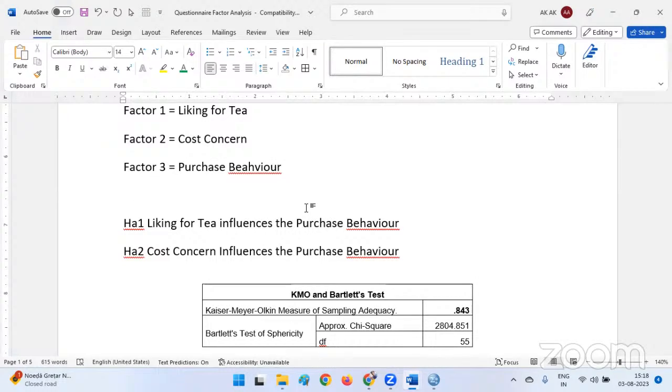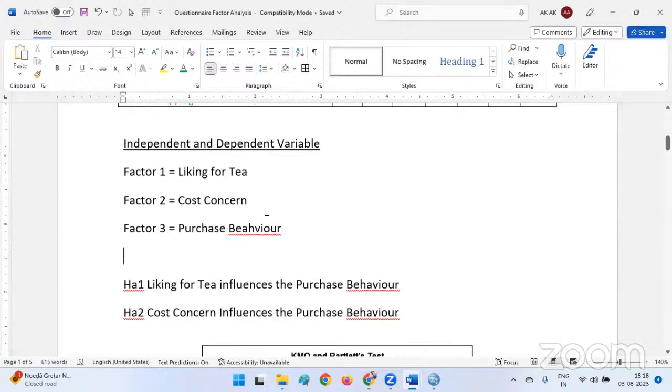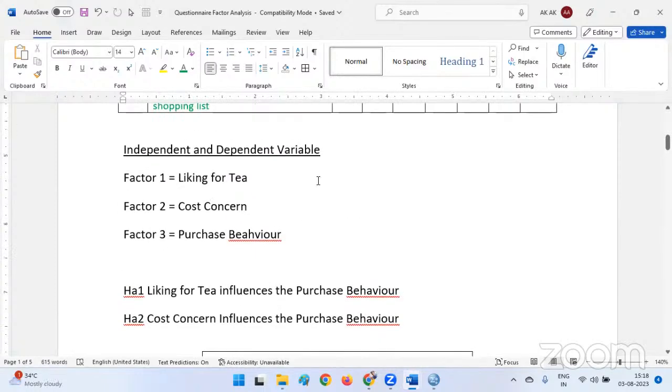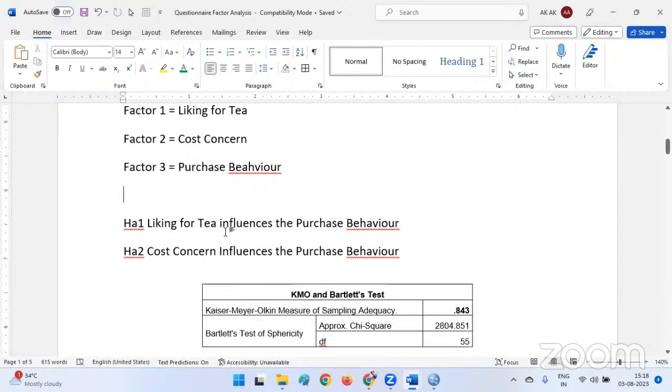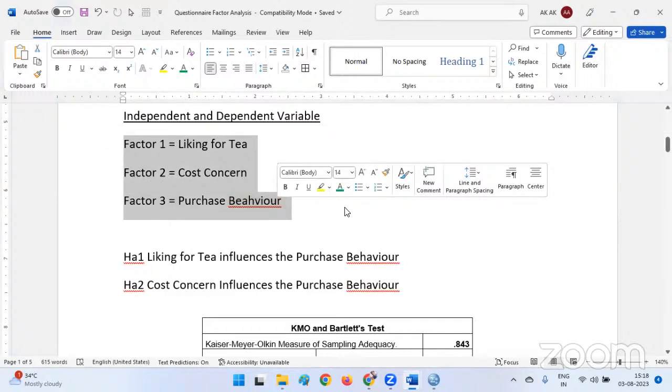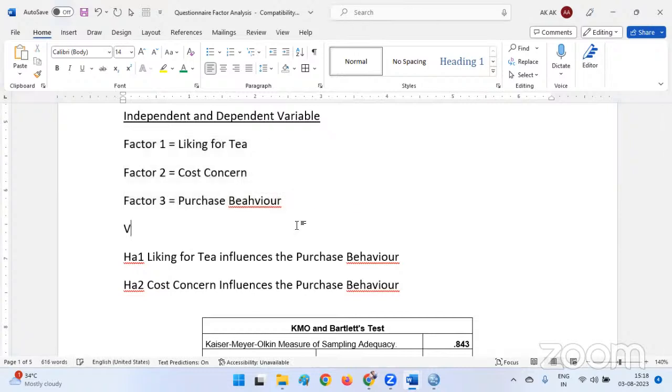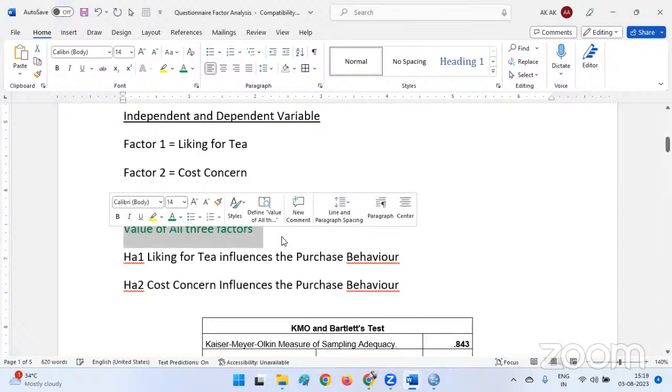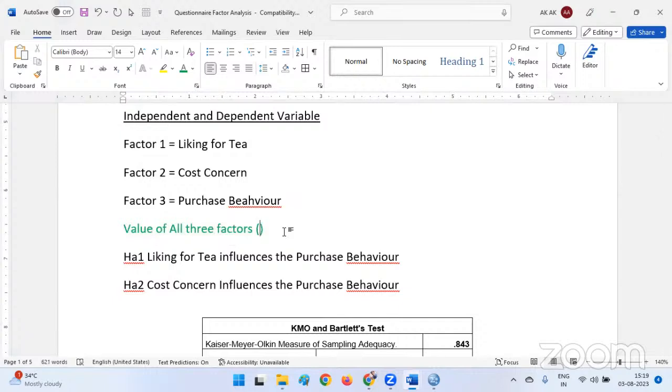For me, it is important to check whether these two hypotheses are significant or insignificant, but I'll do it later. Here it is important that, for this, we need the values of all three factors, the columns in the SPSS file.